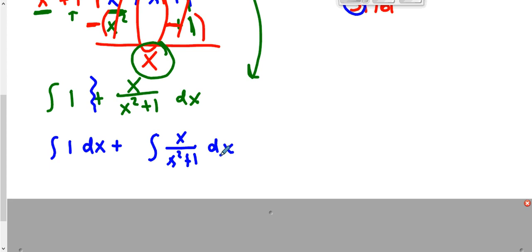Now remember, to integrate to result in an ln, you have to be integrating u prime over u. Well, in this second one, if we have u as x squared plus 1 on the bottom, u prime would be 2x, which means we need a 2, which means we have to put a 1/2 out front.